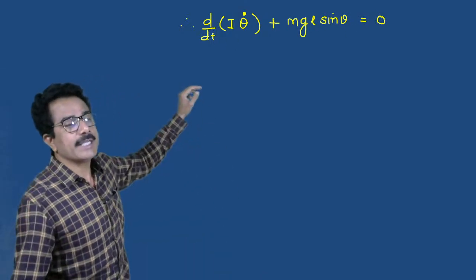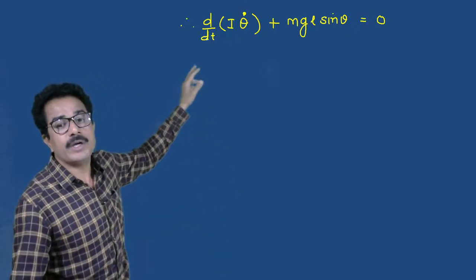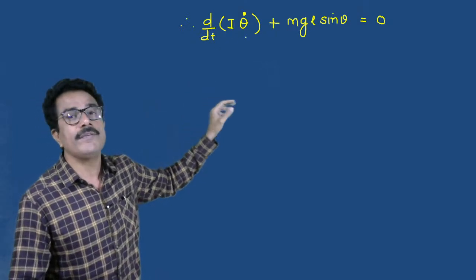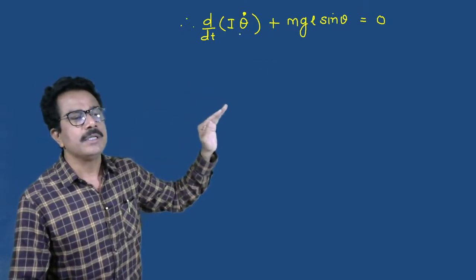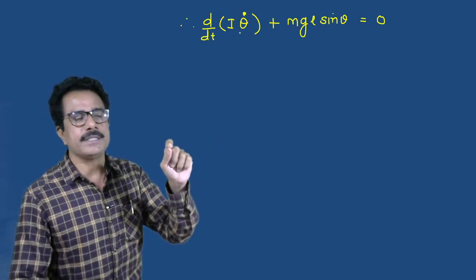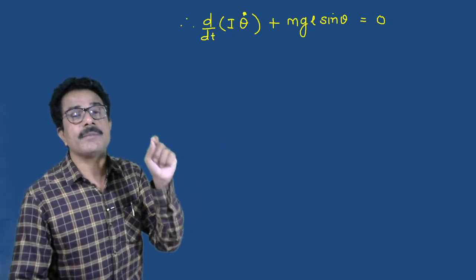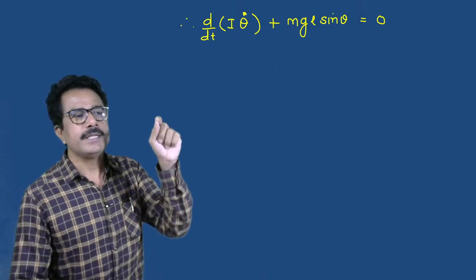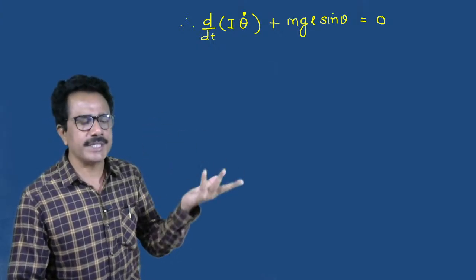Now we can take the ordinary differentiation of the first bracket I into theta dot, because theta dot is a term of t, d theta by dt means theta dot.